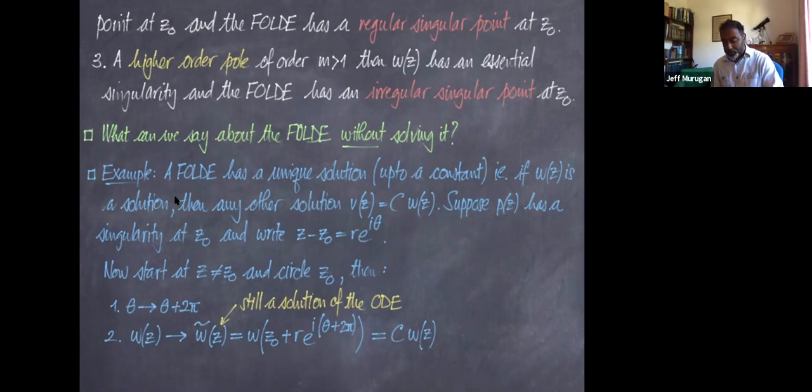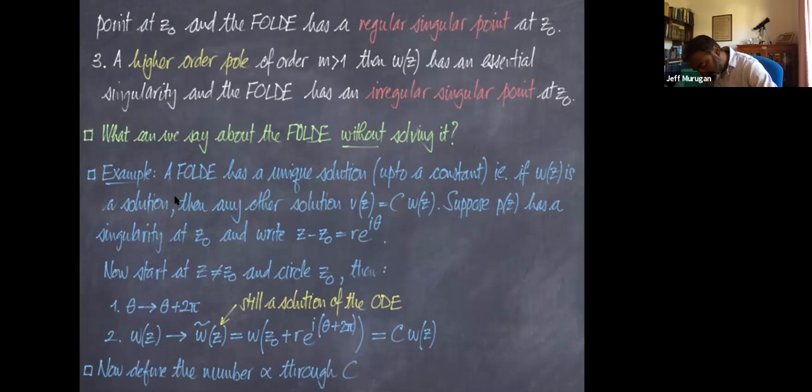So now let's do the following. So now I'm going to define the number alpha through the following. I'm going to say that this constant C is actually equal to e to the 2 pi I alpha.